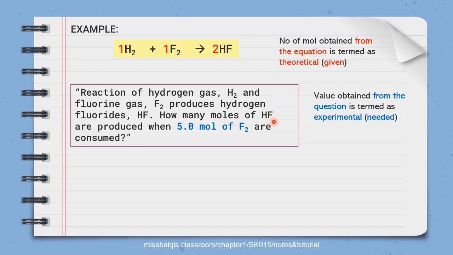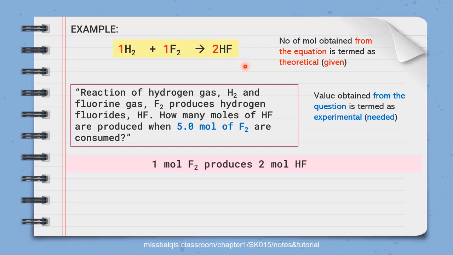So how do you do this? You're gonna make the theoretical value as a reference, which we're gonna rely most on them, and write the stoichiometric relationship between F2 and also HF at the first line. Why F2 and HF? Why not H2 and F2 or H2 and HF? We got so many relationships just now.